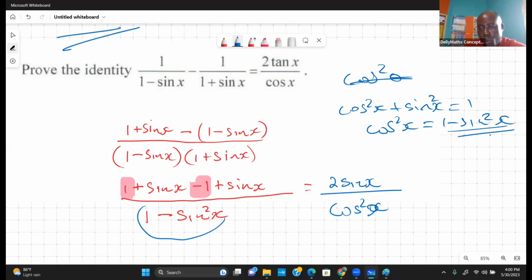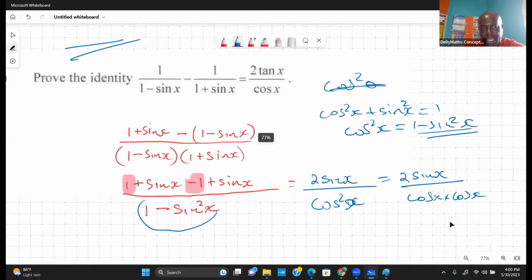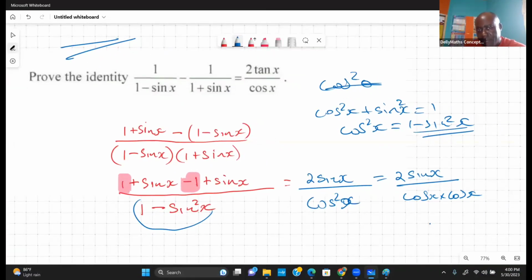So from this now, we could split. So watch this. 2 sine x over cos x times cos x. Now let's take a look. Definitely remember what tangent is. Tangent is sine over cos.